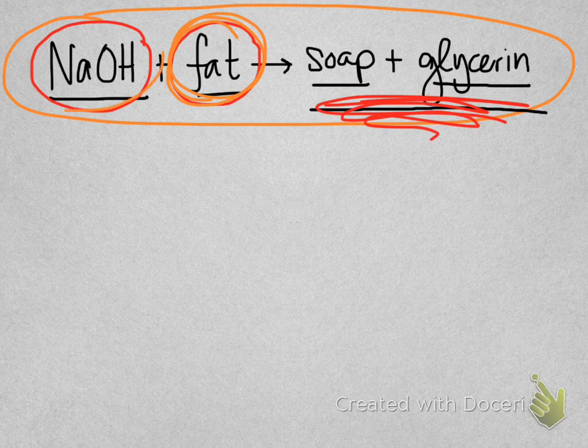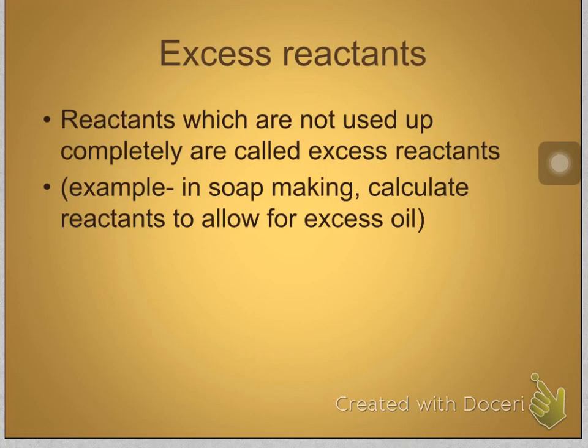A soap bar with excess sodium hydroxide will burn the top layer of your face off. I suppose it might clear up your acne, but it really is the hard way to do it. So to summarize that, whatever reactant isn't fully used up is called the excess reactant. And, this is a very specific example, in soap making, we always calculate the amount of our reactants to allow for excess oil. Too much excess oil makes a soft bar, but a little bit makes a beautifully moisturizing bar. You certainly don't want to go the other way.